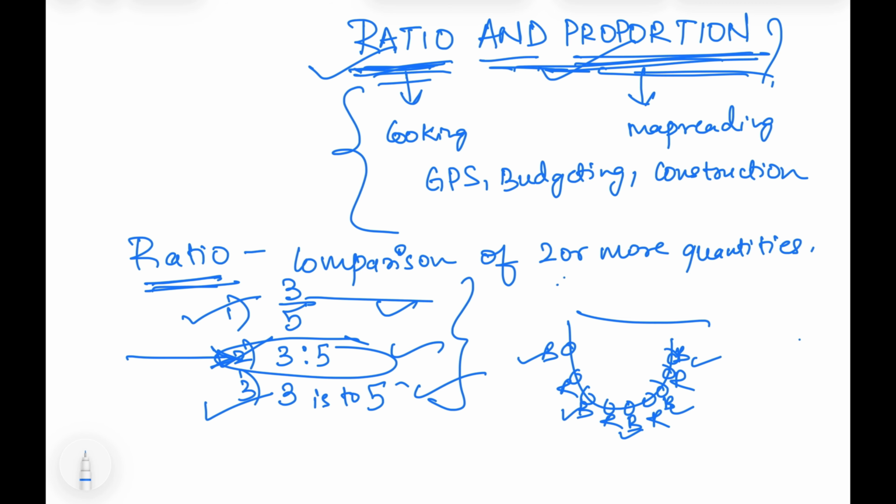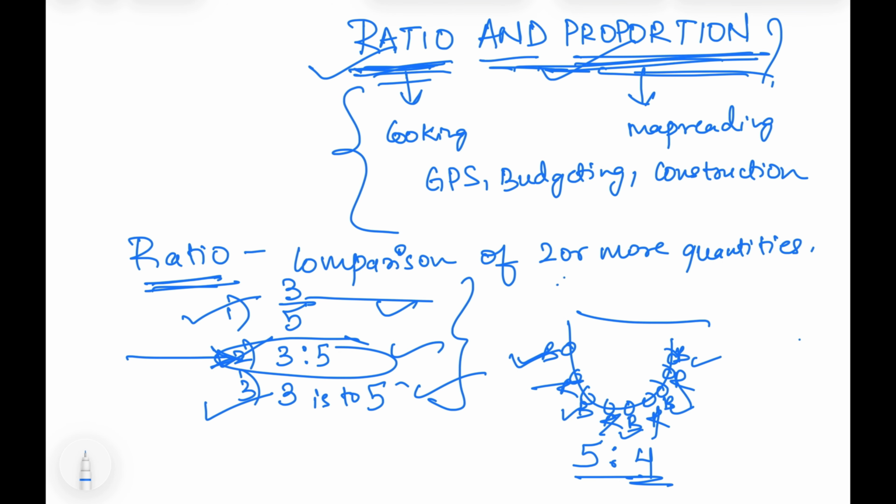We'll count the number of blues first. If you see, there are 5 blues. How many reds? 1, 2, 3, 4. So the ratio is 5:4 because we have 5 blues and 4 reds. So this is how we write ratio, and this is what a ratio is. The same kind of quantity but in different colors can be two different quantities.